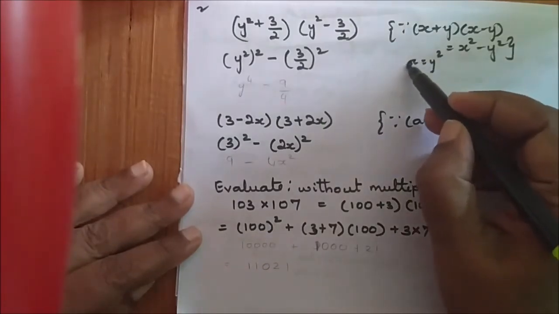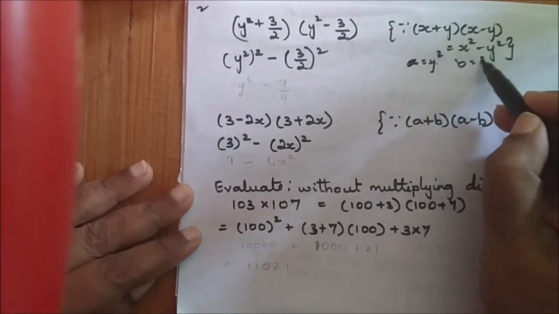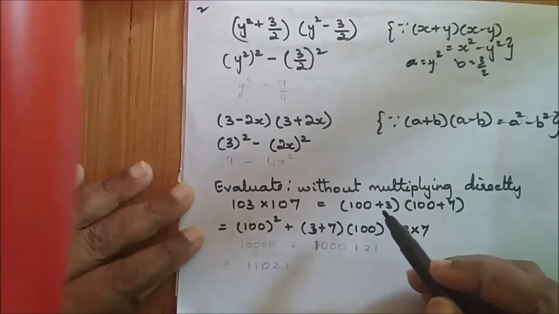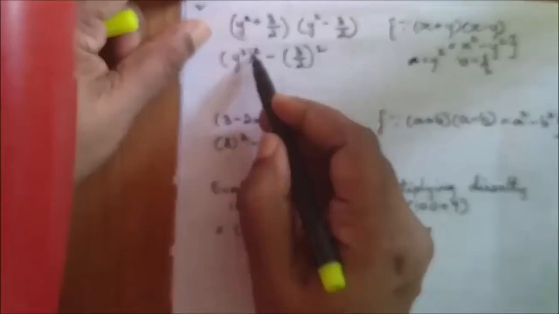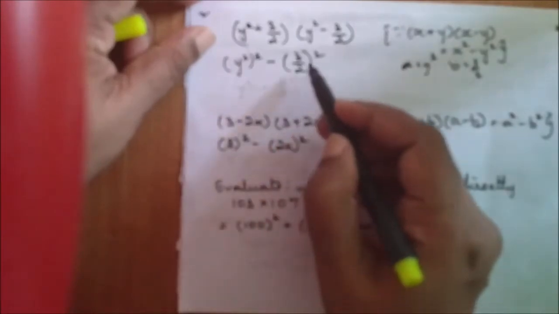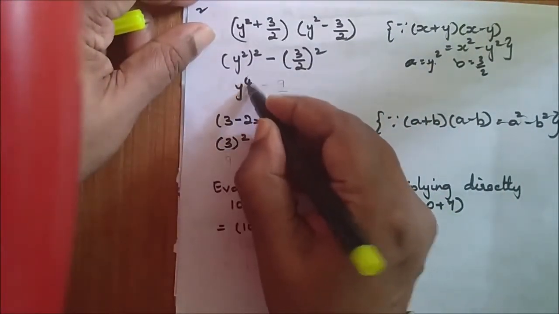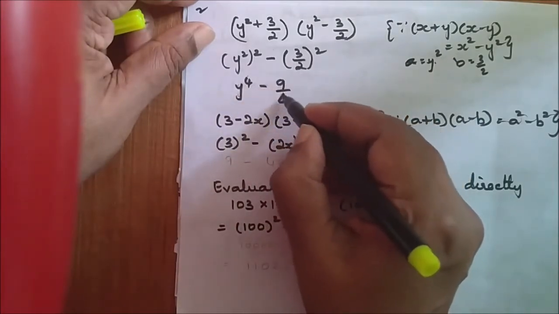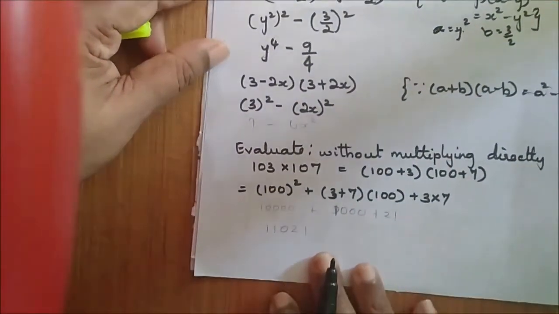So in that case a will be equal to y squared and b will be equal to 3 by 2. So a squared minus b squared will be (y squared) the whole squared minus (3/2) squared, which is nothing but y to the power 4 minus 9 by 4. I hope you understood how we solve this problem.